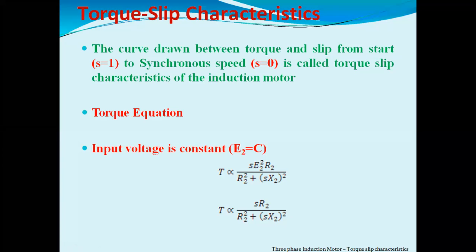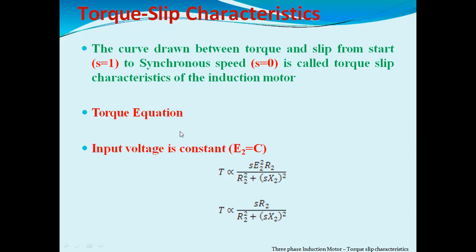The graph we can draw between slip value 1 and slip value 0, we can call that curve the torque slip characteristics. Firstly we take s equal to 1, and at the end we take synchronous speed, where slip is 0.